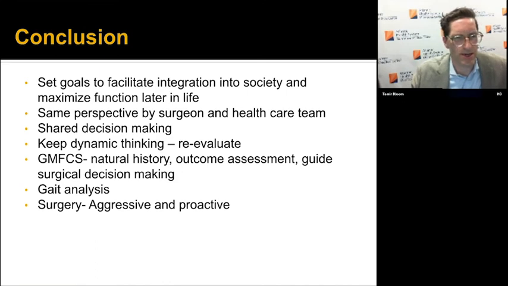You want to keep thinking dynamically and reevaluate patients as they develop throughout growth. The GMFCS, I hope I was able to convince you of its importance in natural history, outcome assessment, and guiding our surgical decision making.